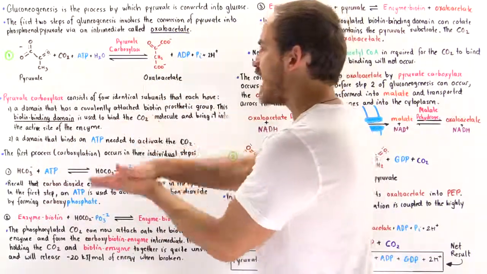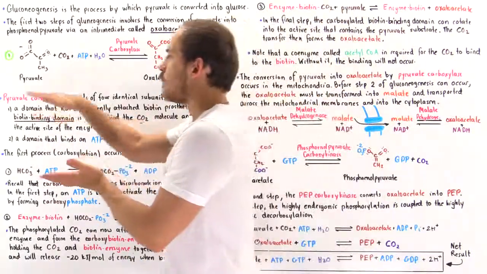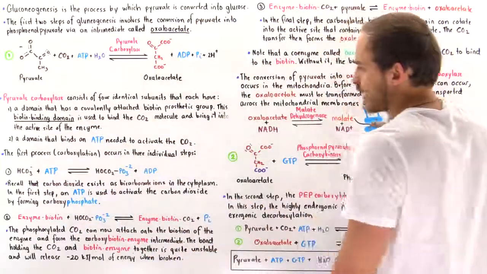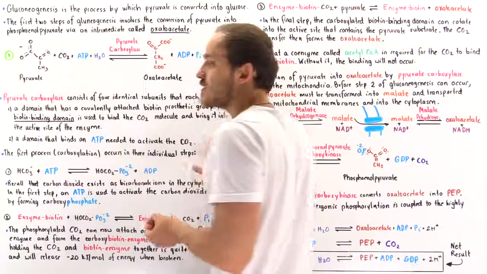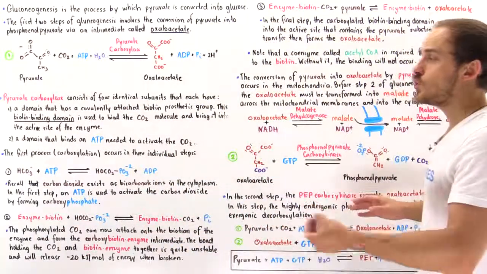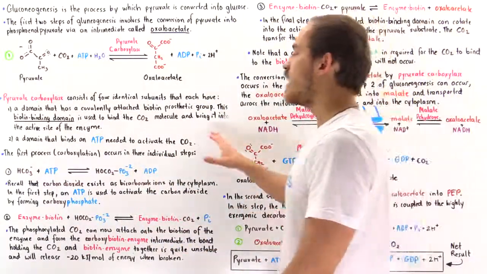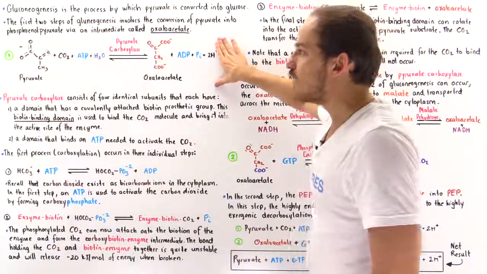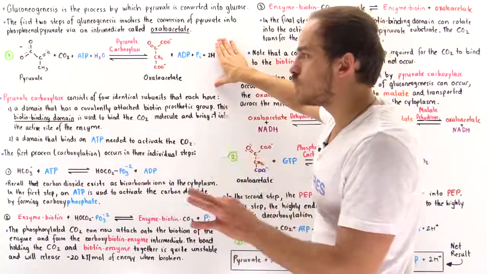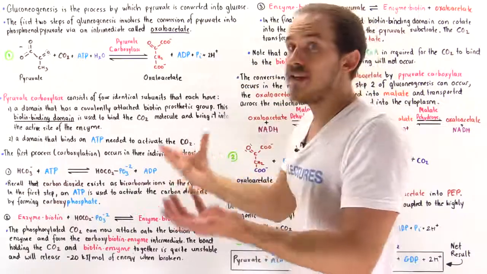So basically the active site that contains that pyruvate, and we'll talk more about that in just a moment. And we also have that domain that binds that ATP molecule that is used to make that carbon dioxide much more active. Now, this process actually involves 3 individual steps, or we can call them mini steps.